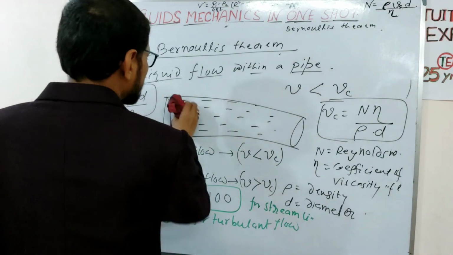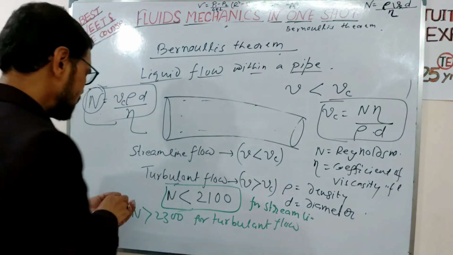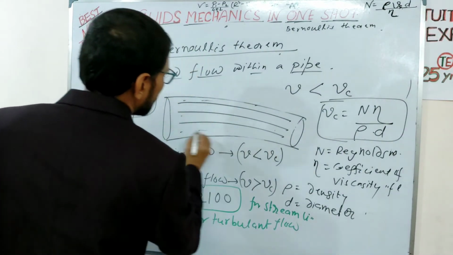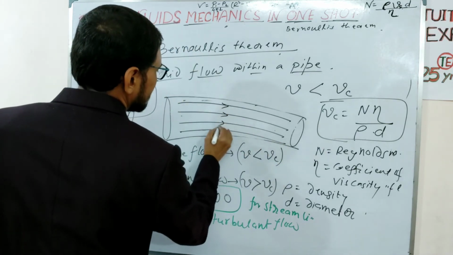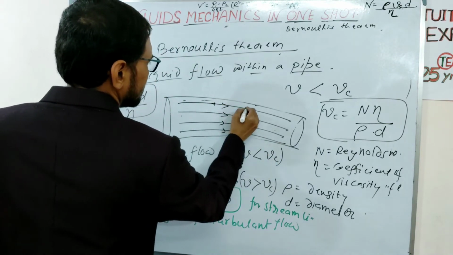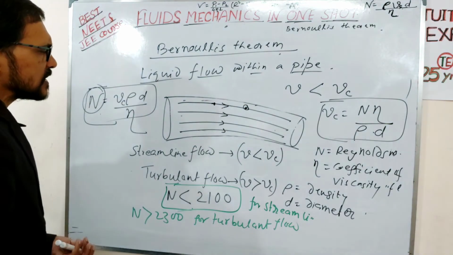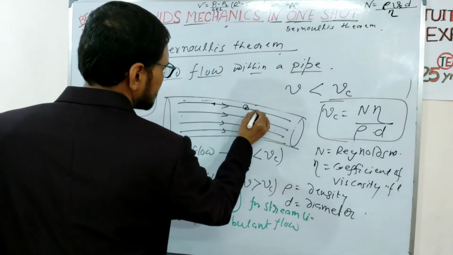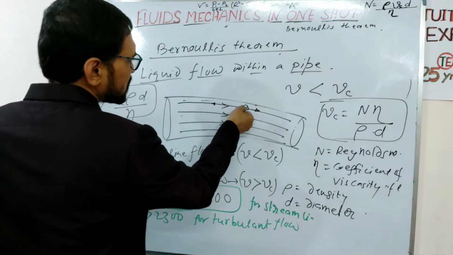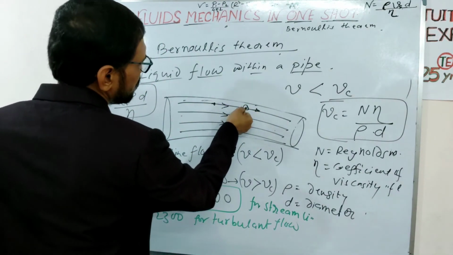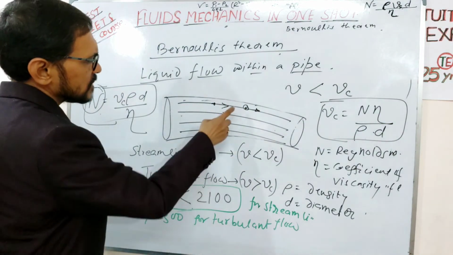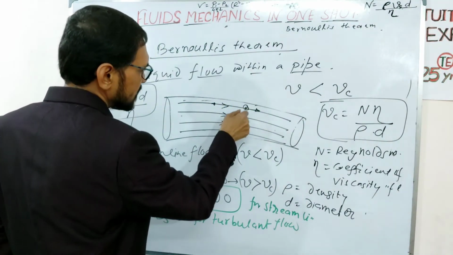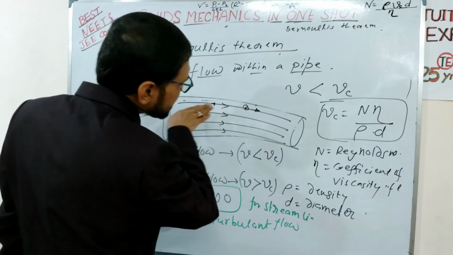Now what is streamline flow? Streamline flow will be this way, that is, parallel flow. Suppose a particle comes at this point, so its velocity is in this direction. When the next particle comes at this point, its velocity will be in the same direction. So the velocity of every particle when it comes at this point will be in the same direction.